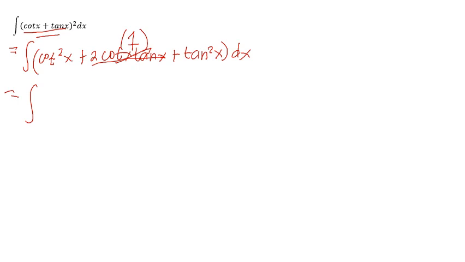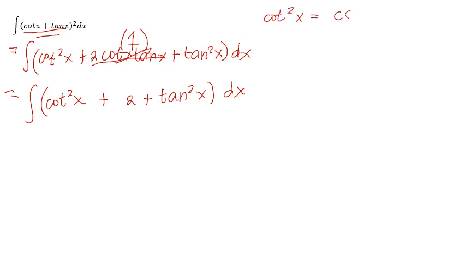We have the integration of cot squared x plus 2 plus tan squared x dx, which we all know that cot squared x is equal to csc squared x minus 1, and tan squared x is simply equal to secant squared x minus 1.